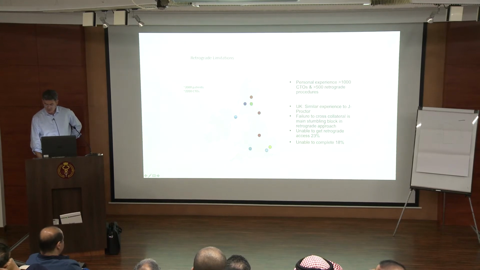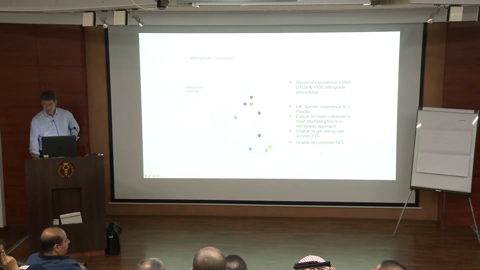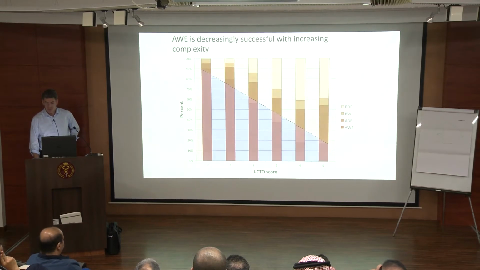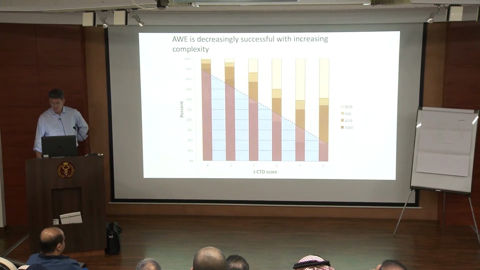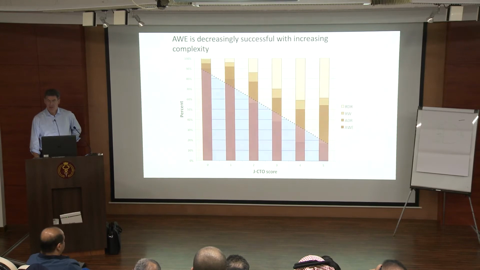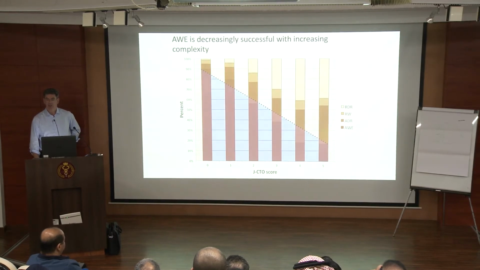But even in this group, with a reasonable experience of retrograde, they were unable to get retrograde access in 1 in 4 cases, and unable to complete in 18%. So antegrade wire escalation, absolutely, we must focus on those fundamental skills, but we have to accept that it's decreasingly successful with increasing complexity. That seems self-evident.